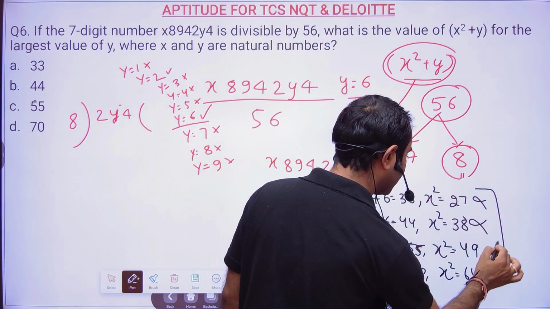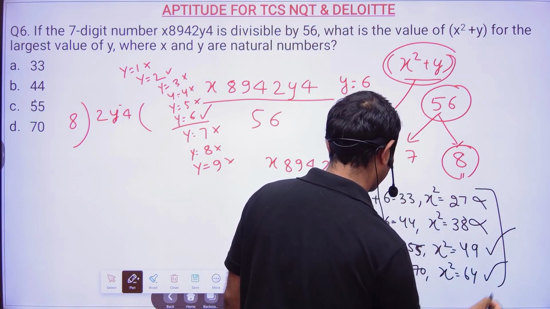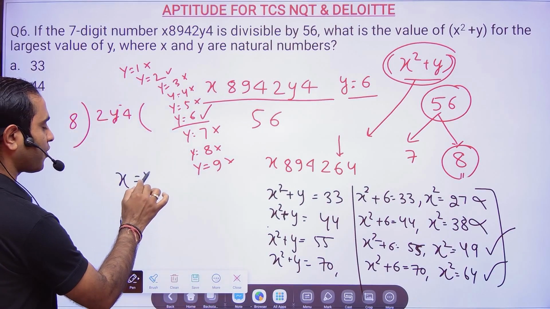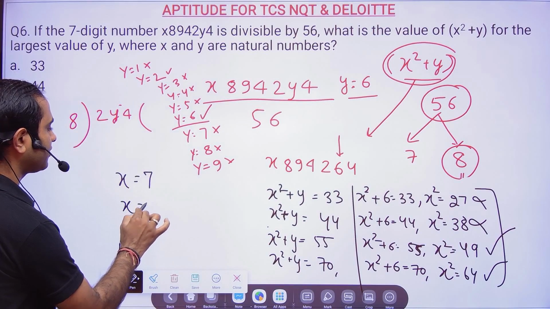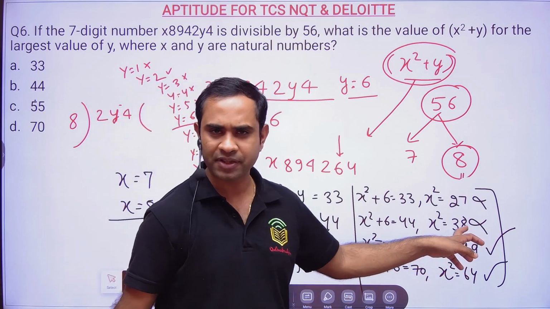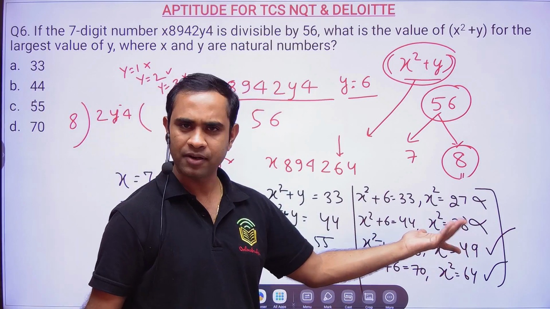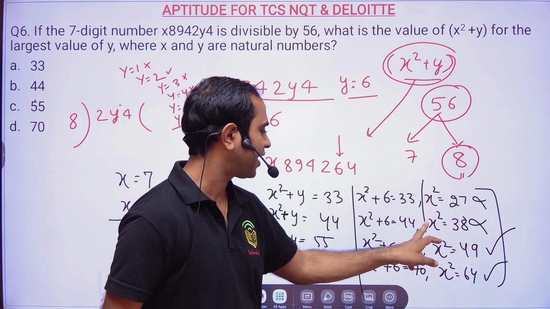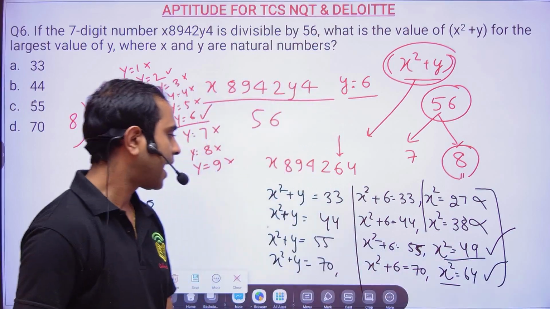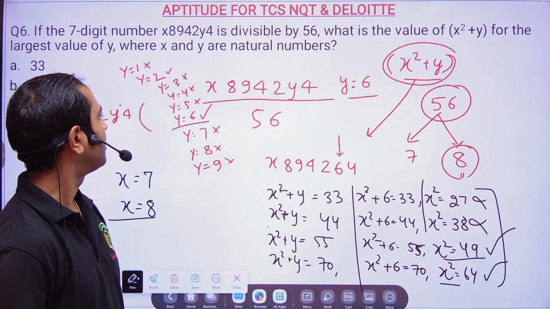So either this is possible or this is possible, right? So either the value of x is 7 or the value of x is 8. In that case only, because x square cannot be 38, x will not be plus minus 6, so it will not be a natural number. So in this case only you will be having a natural number, and in this case only you will be having a natural number.